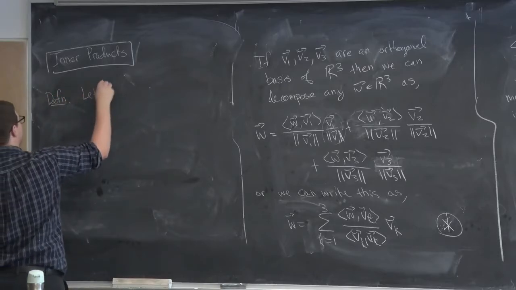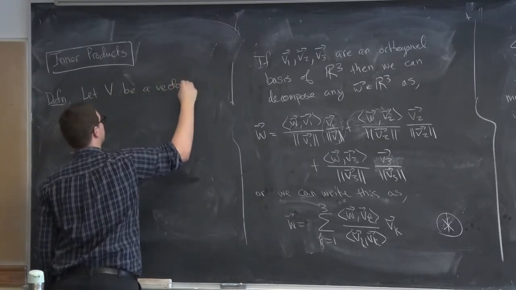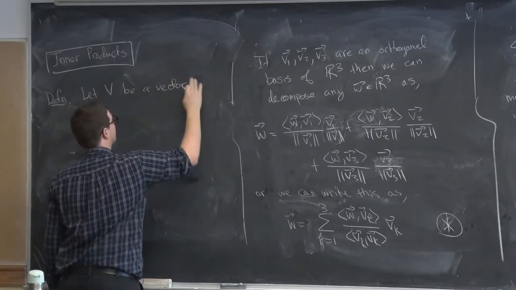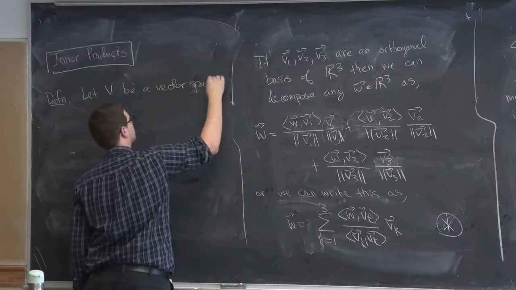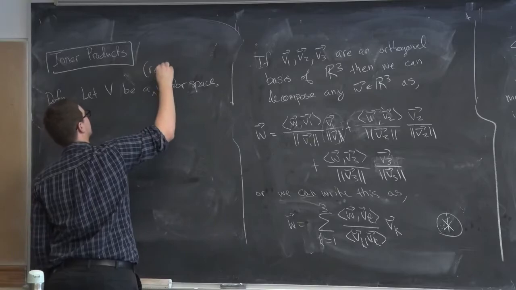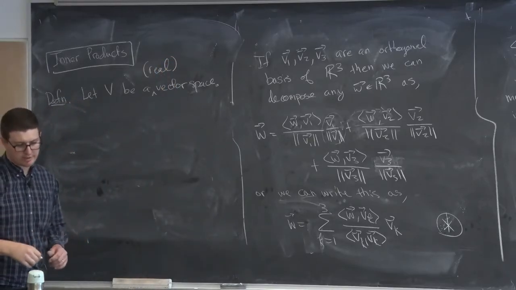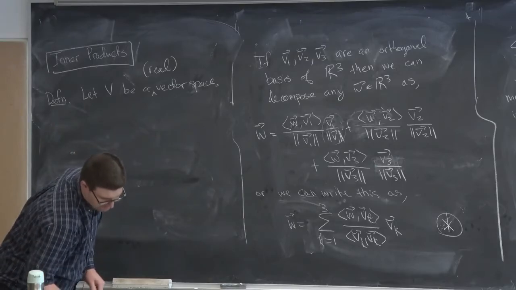Definition: let V be a vector space, possibly infinite dimensional, meaning that there's no finite basis. Let's say a real vector space, so it has scalar multiplication with reals. There's a version for the complex numbers, which we'll get to later.